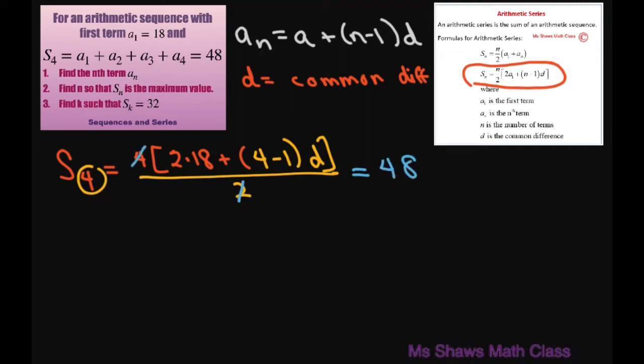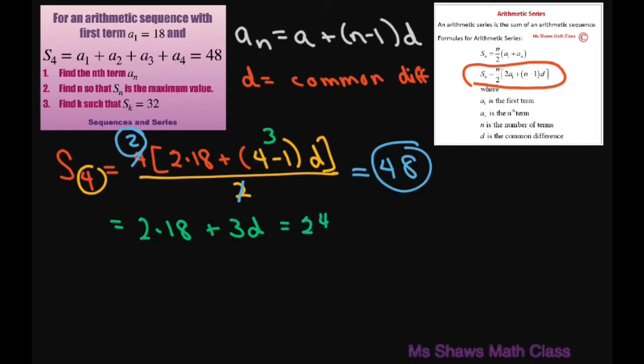2 goes into 4 two times, and then I can divide both sides of the equation by 2. So that's going to give me 2 times 18 plus 3d equals 24, and that's when I divided both of these by 2.